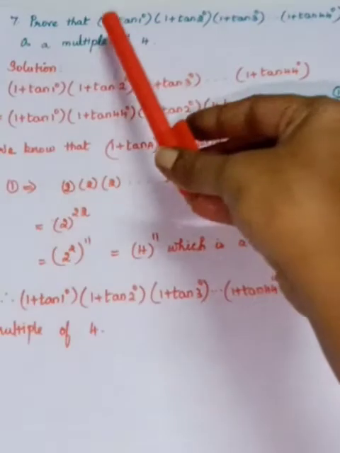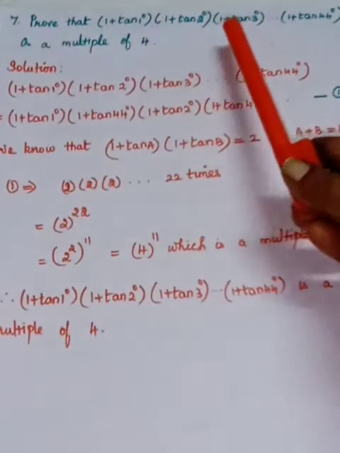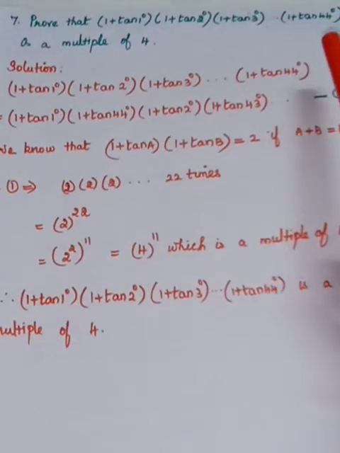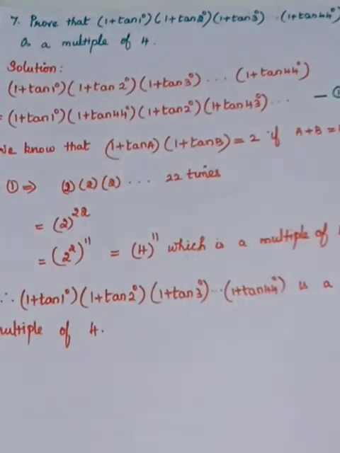Prove that (1 plus tan 1 degree) into (1 plus tan 2 degrees) into (1 plus tan 3 degrees), etc., into (1 plus tan 44 degrees) is a multiple of 4. So it's a multiple of 4.